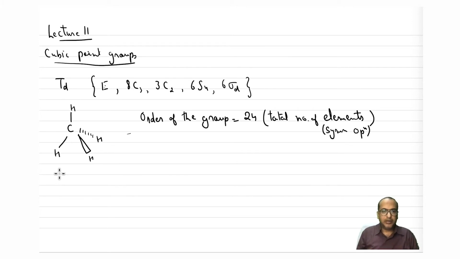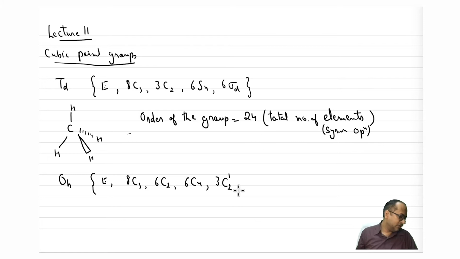Now the second is octahedral, which is OH. Let us also list down, we can see the example as AB6. E, 8 C3s, then we have 6 C2s, 6 C4s will be there, and 3 additional C2 primes will be there.